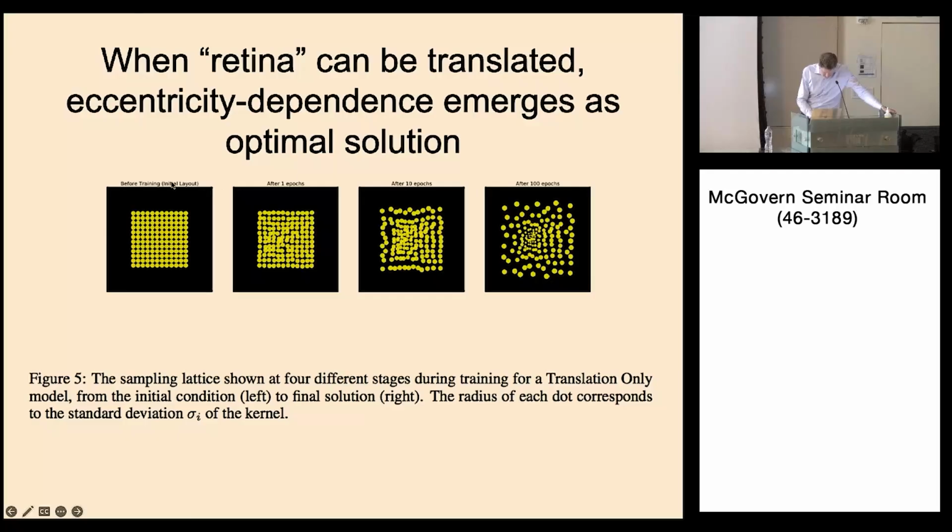Over the course of the optimization, some of the receptors get moved close together in one part of the sampling lattice, and they also get very small. So the system is evolving this strategy where there's a whole bunch of very small receptive fields packed into one particular part of the sampling lattice.